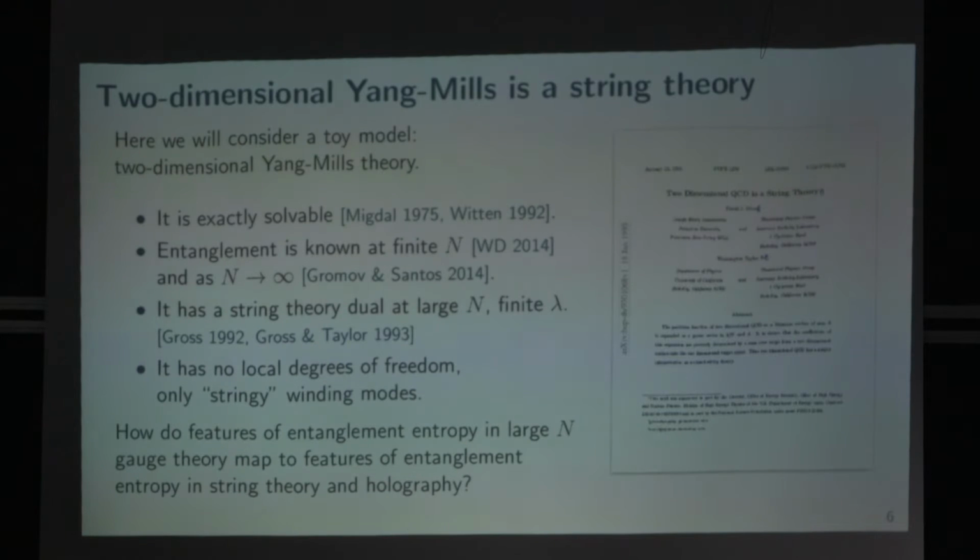So in a sense, it allows us to focus on the thing that's really unique to a string theory, which is the extended objects. Okay. So now we can ask questions that cut across this duality. We can ask about entanglement entropy in the gauge theory and ask what this corresponds to in the string description.